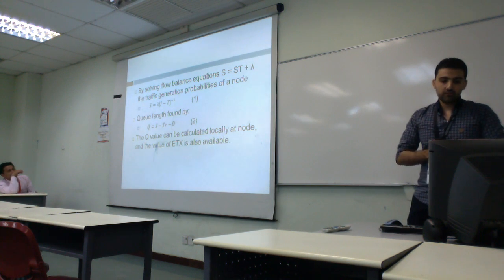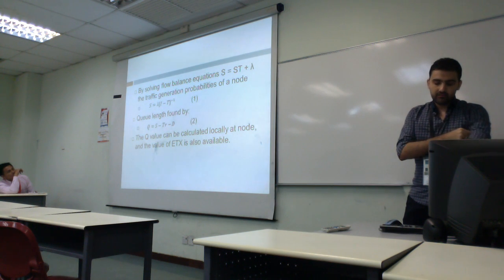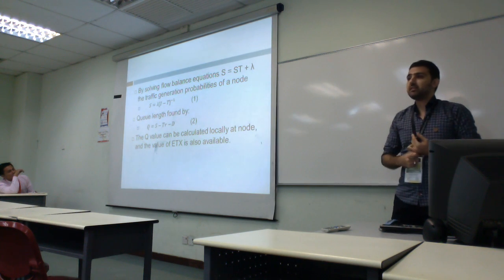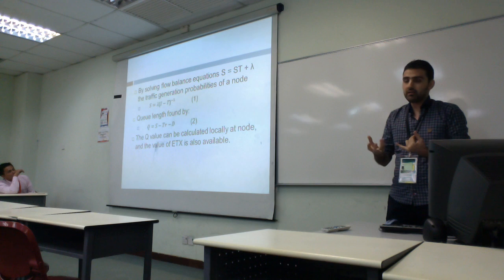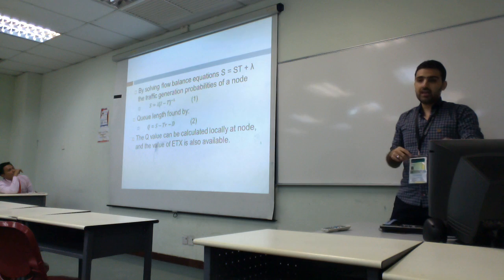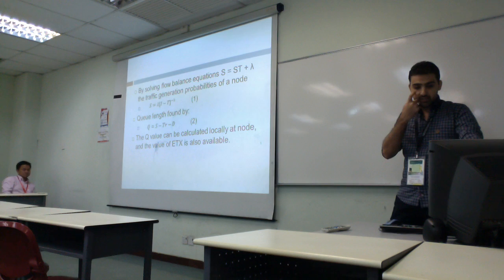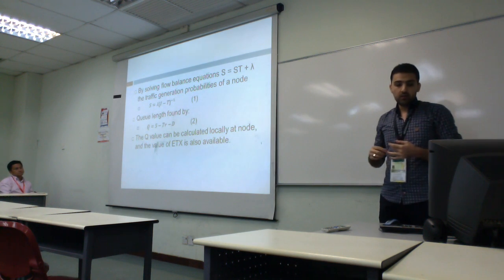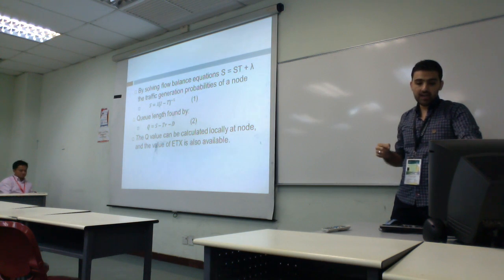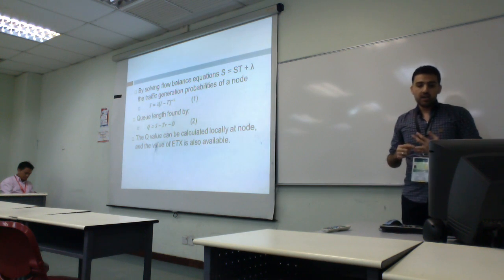Okay, so by solving a flow balance equation, as I said, S represents the summation of the data generated by the node and forwarded from other nodes. So the total data of the flow distribution will be represented by S equals S_T plus lambda, where lambda is the total data generated from the node, and S represents the data forwarded from other nodes.